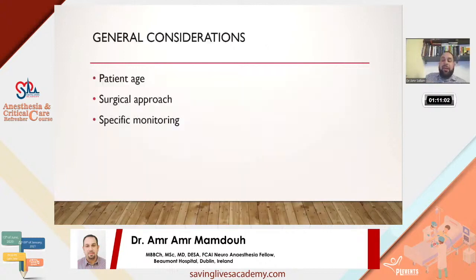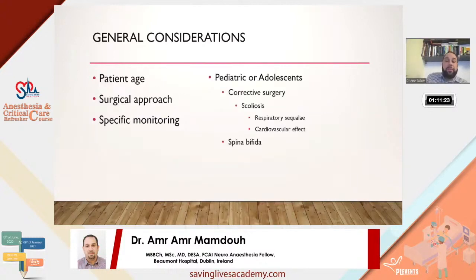When we discuss any patient and prepare our patient for the surgery, especially complex spine surgery, I think about 3 main points. First, pediatric and adolescents: corrective surgery is the commonest, with scoliosis, which has respiratory and cardiovascular sequelae and effects on the whole system, or a spina bifida correction with the autonomic dysfunction and autonomic dysreflexia that will happen.